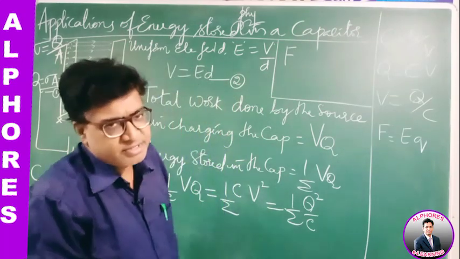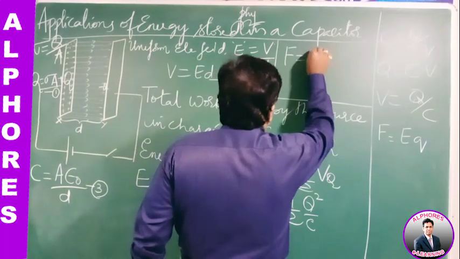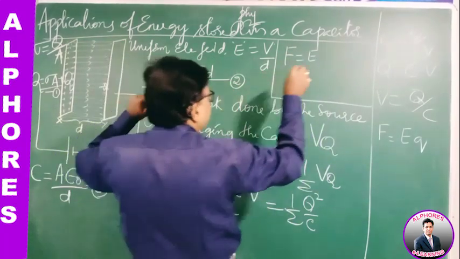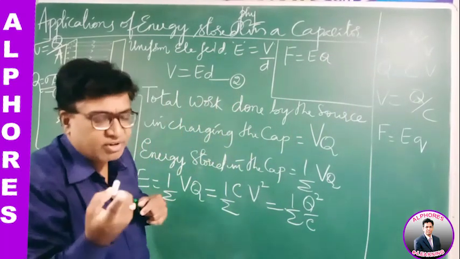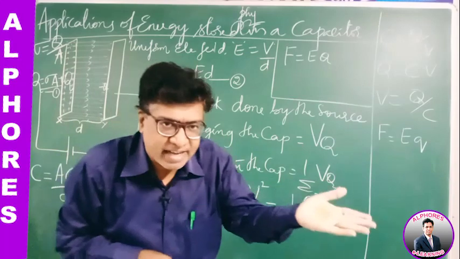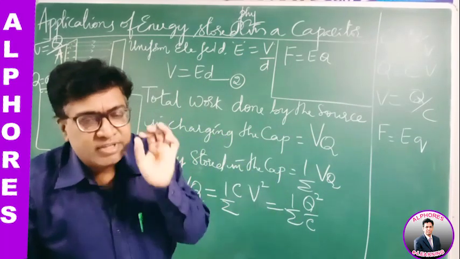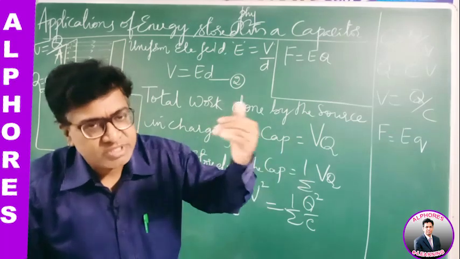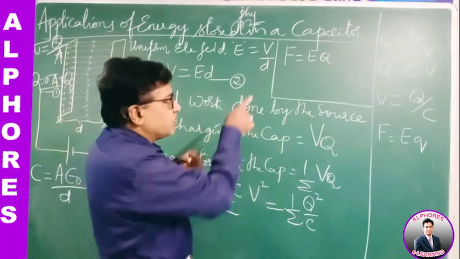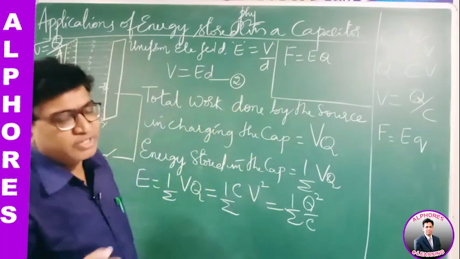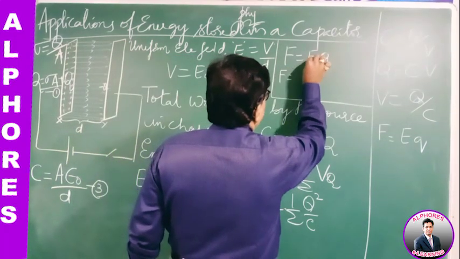So the force of attraction between them is the electric field between them into the charge of that plate, Q. It's actually minus Q, but I have already specified it is attraction. Don't say attraction force is minus EQ. Repulsive force is positive, attraction force is negative. It is understood. So I don't write minus EQ. So F is equal to the electric field into Q.